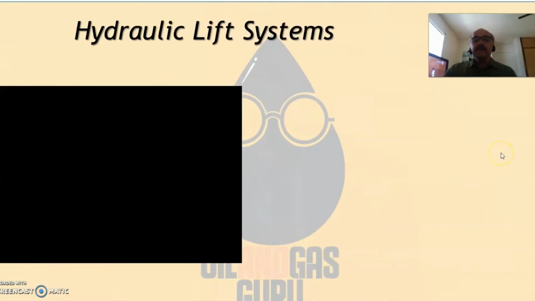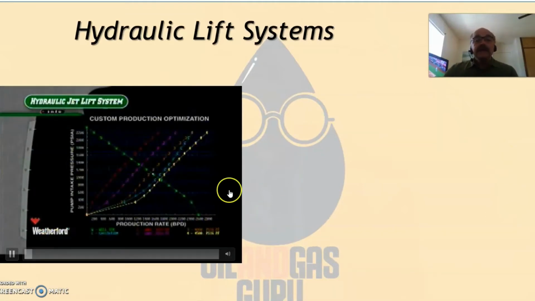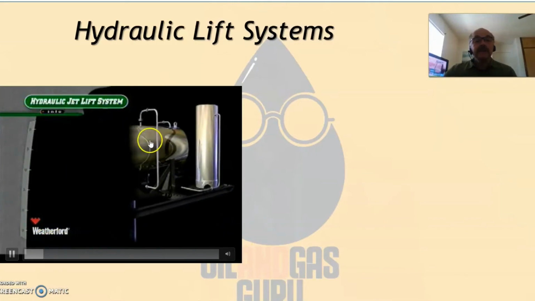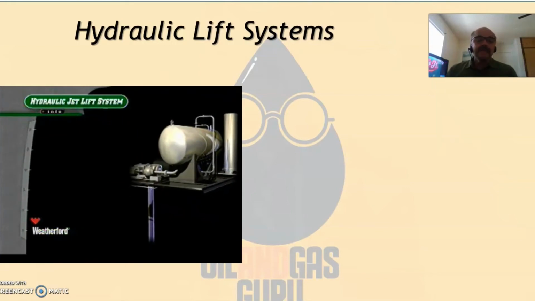Okay, so we go to the next one, which is a hydraulic lifting system. In the hydraulic, we pump a power fluid from surface. Normally it's the same fluid from the well.